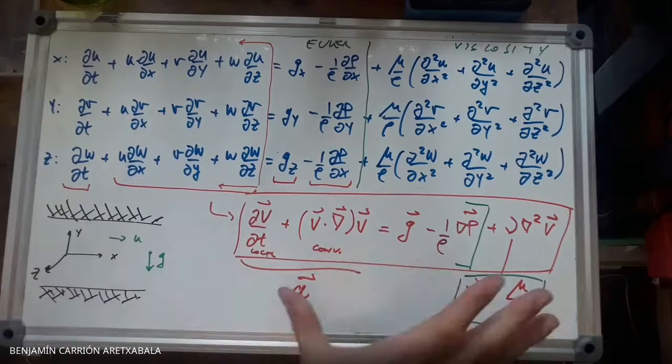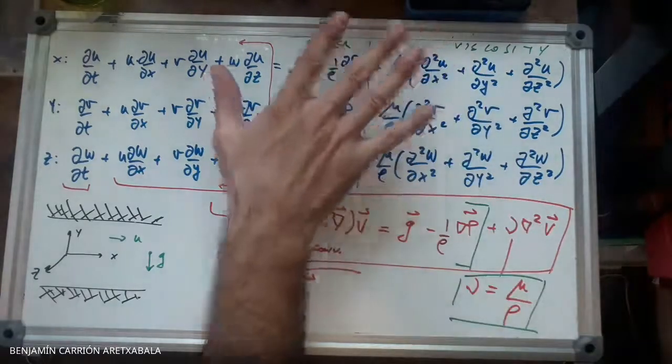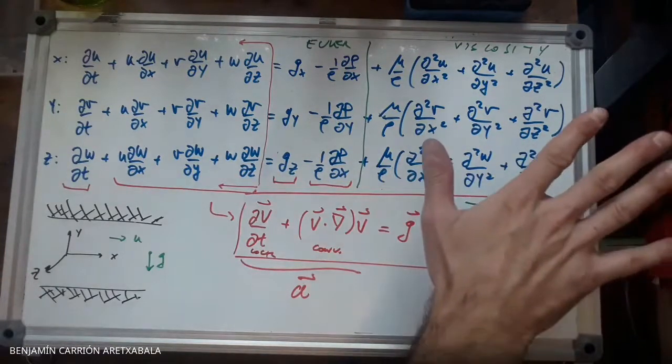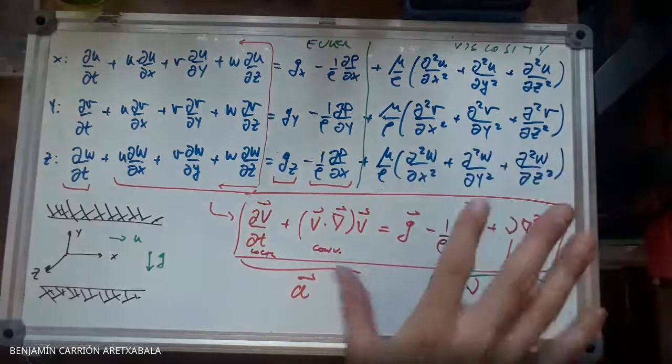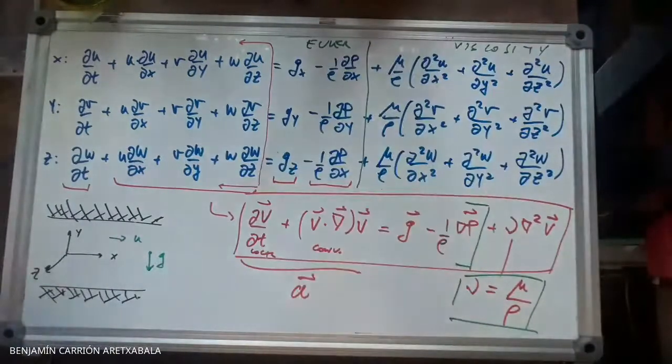Okay, so this is the vectorial form of the Navier-Stokes equations. Is this clear for everyone? I know I already showed you this, but here I have the full equations. You can also read them on the slides, on Wikipedia, or in the fluid mechanics book.